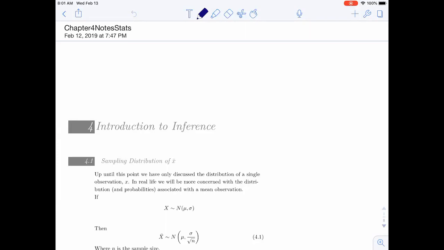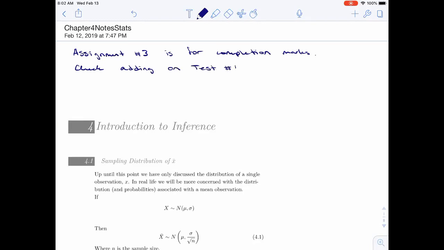Okay, so assignment 3 is for completion marks. And then check adding on test number 1.